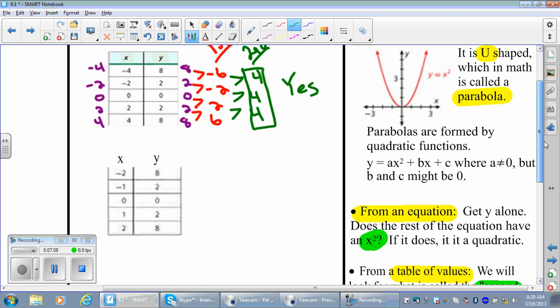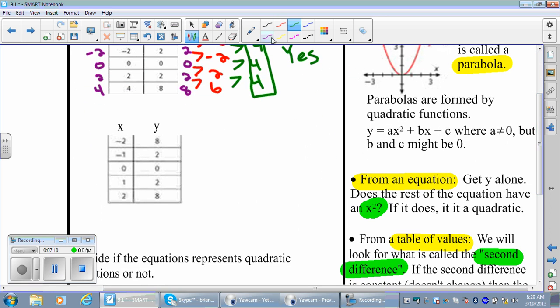Now, let's look here. Again, let's take a second. I know these were a little blurry on your page. I apologize for that. But the numbers here, the x values are -2, -1, 0, 1, and 2. And the y values are 8, 2, 0, 2, and 8. And again, it's a table of values. So we need to look at what's called the second difference.